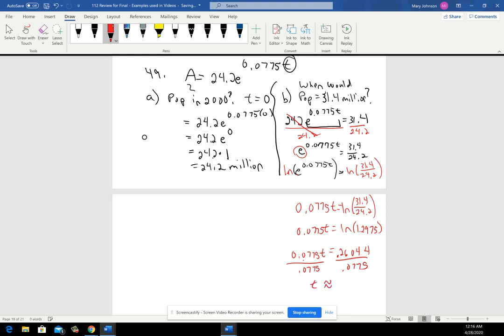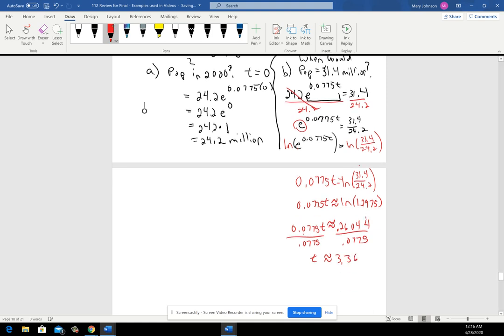And now, from right here, I rounded. And then that turns out to be like 3.36, and you might have something slightly different depending upon how many decimal places you rounded. When I go back to read it, it said round down to the nearest year. So even though that says a 6, it didn't want me to use my usual rounding.